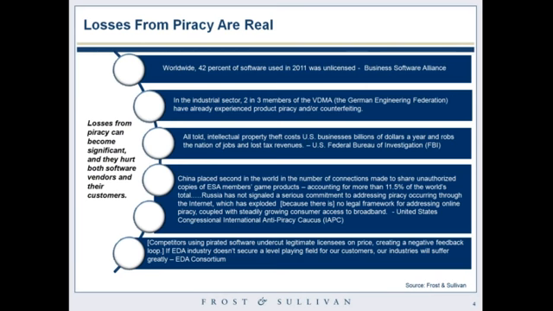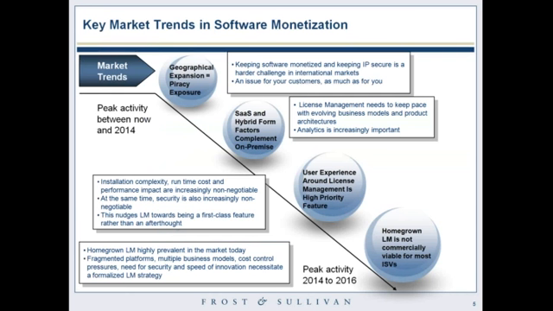There are a couple of trends in software monetization that I want to call out. Certainly, piracy management is becoming a more and more important aspect of the overall software monetization problem. As the markets become global, as you expand into regions with greater exposure to piracy, with fewer law enforcement options, that control is a problem for you and for your customers.